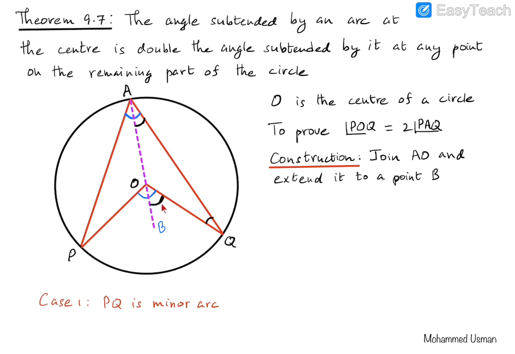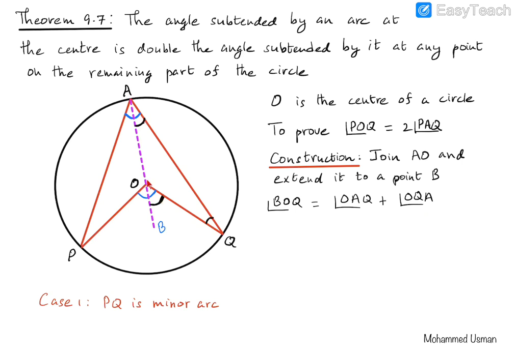So that's our first observation based on the rules of the external angle on the triangle. So we have that angle BOQ is angle OAQ plus angle OQA. It's this plus this equals this.